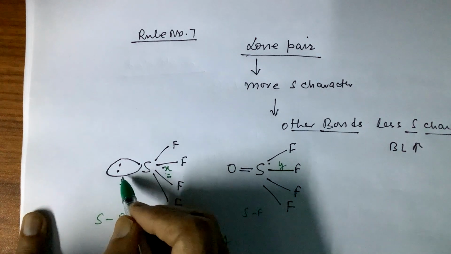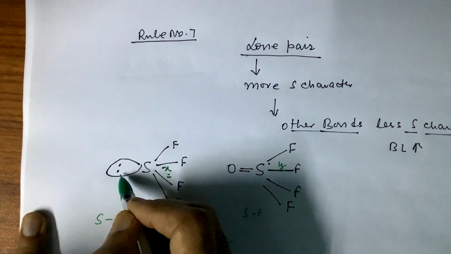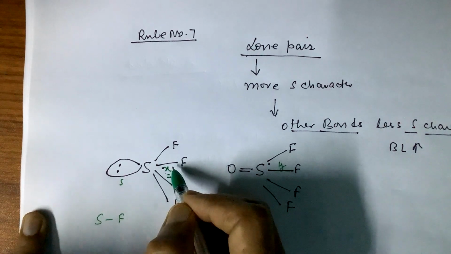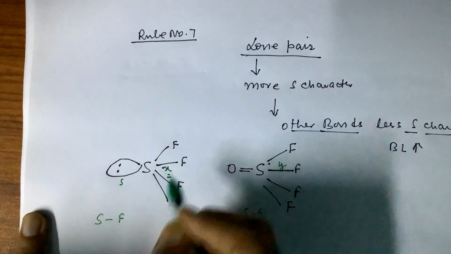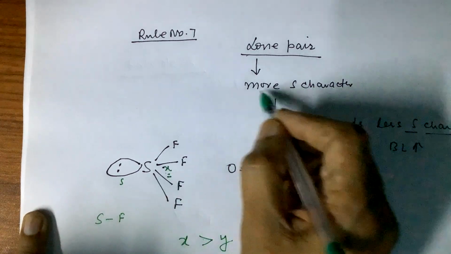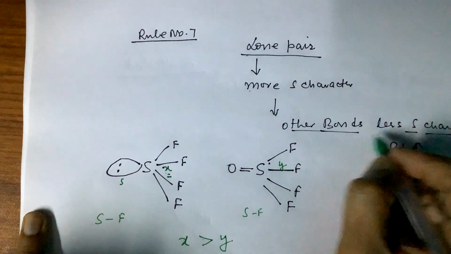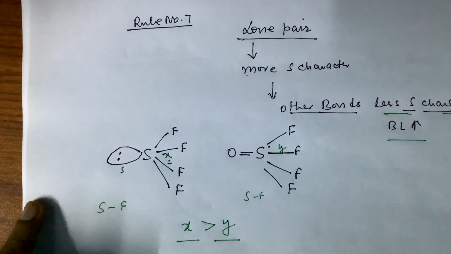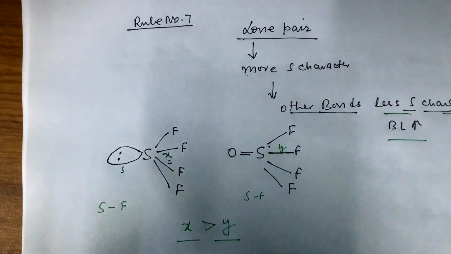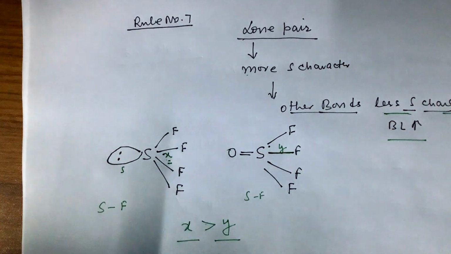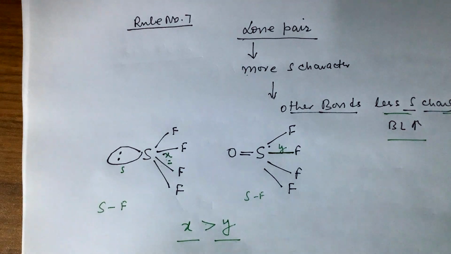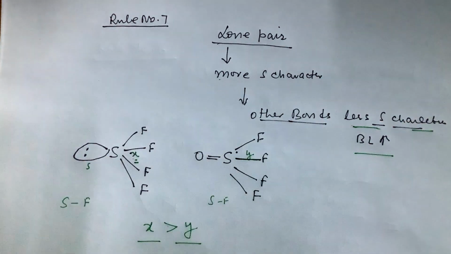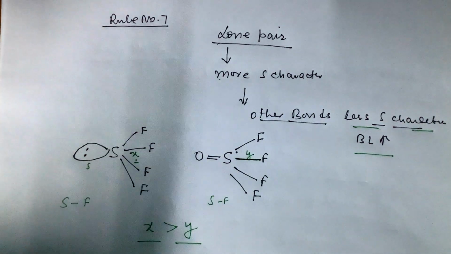Because the lone pair has more s character, so the other bonding orbitals will have less s character. So bond length is more. In this way, we have these 7 rules for comparing bond lengths, and I hope that any question on comparison of bond lengths in two molecules, you can do.